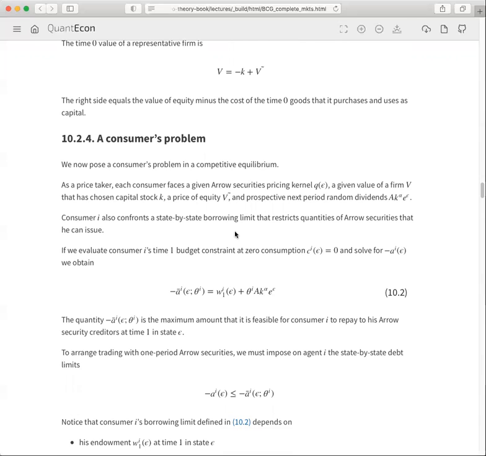The way we do that now is we're going to think of a consumer at time 1 and see, well, how much could that consumer ever afford to pay off if he issued Arrow securities at time 0? How much would be feasible for him to pay off?